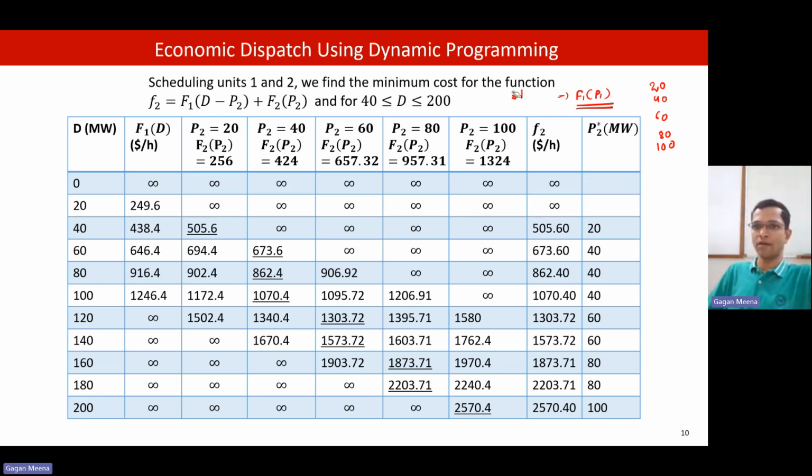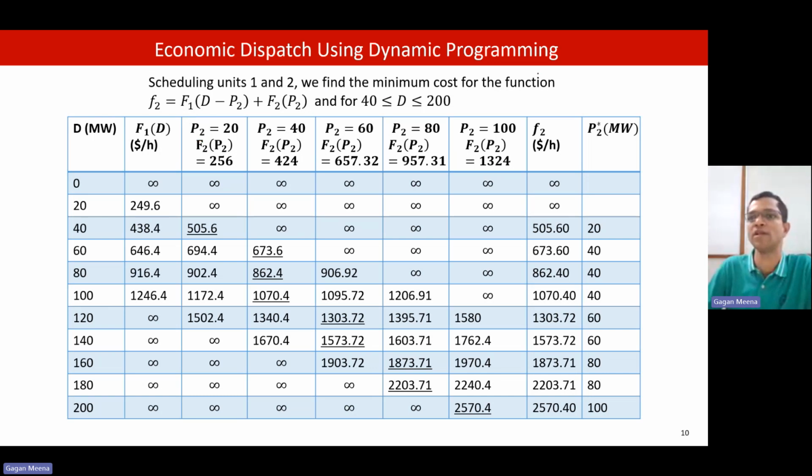Now we will see what we will do. This is our demand. And this is F1 of D, the cost of meeting that. This is F1 of P1, the cost for the first generator if it is producing this D. And this is P2.